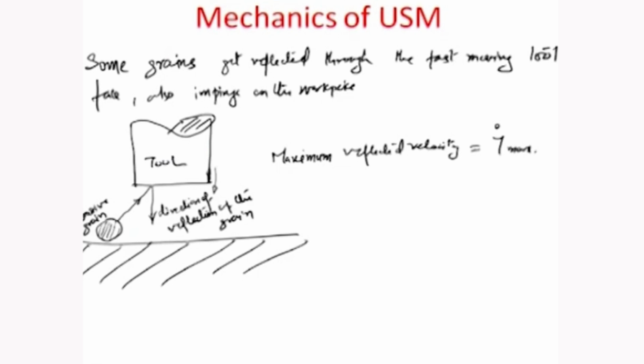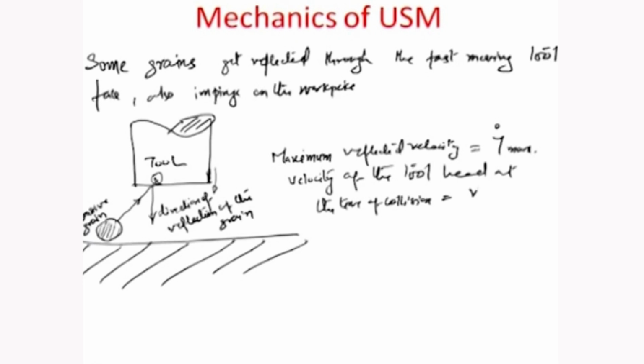So therefore the initial velocity of the abrasive grain as it strikes the tool surface here, for example in this position A here, is not really of great significance, and we can say that whatever is the velocity of the tool head at that particular point of collision, at the time of collision, would be equal to the velocity of reflection of the particle, okay.